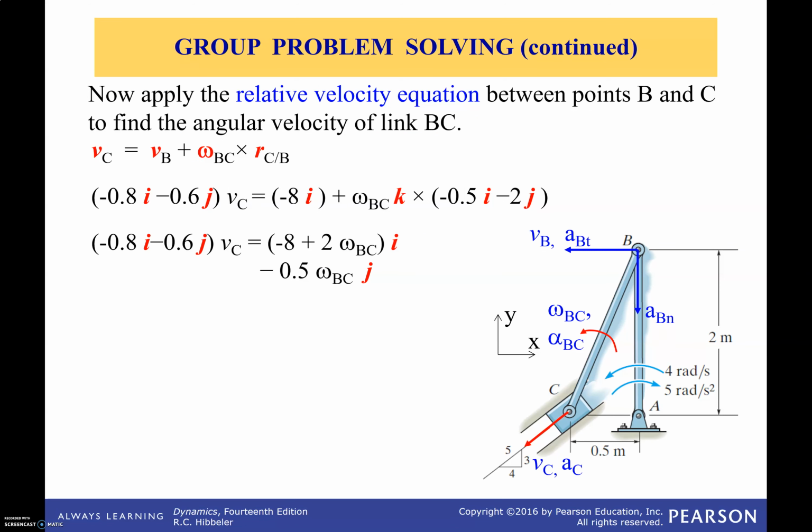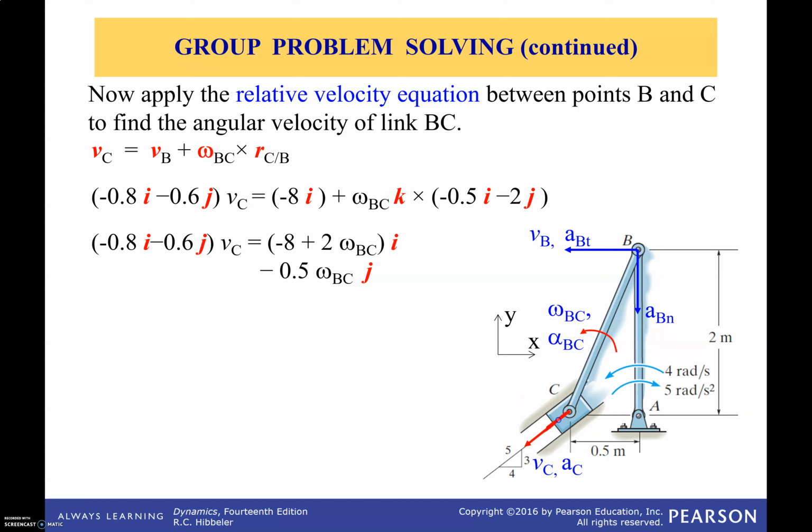So let's start with the velocity of C, and we're going to use our equation. The velocity of C is the velocity of B plus the velocity of C relative to B, the rotation part. Now we need to write this, and there is a trick here. We need a unit vector in this direction.